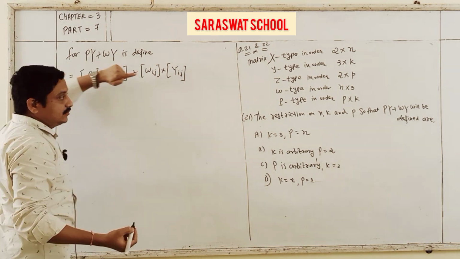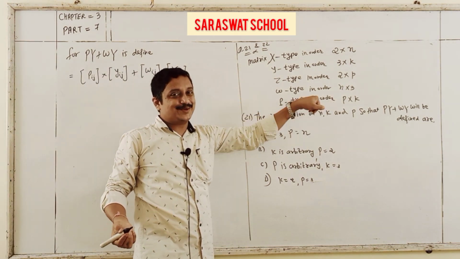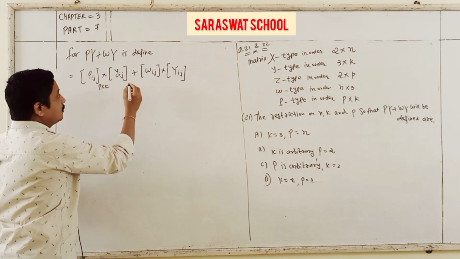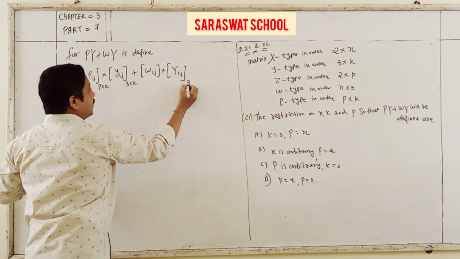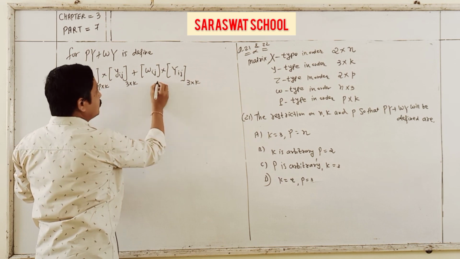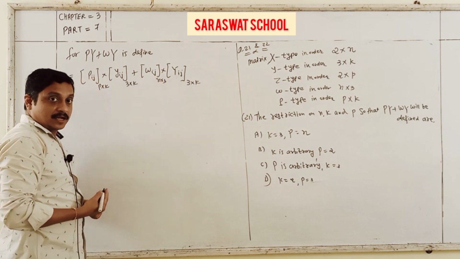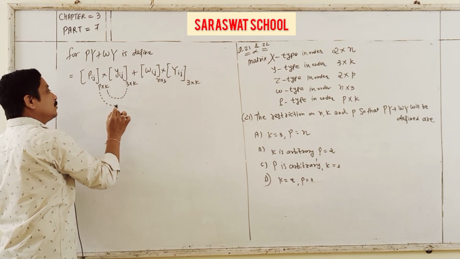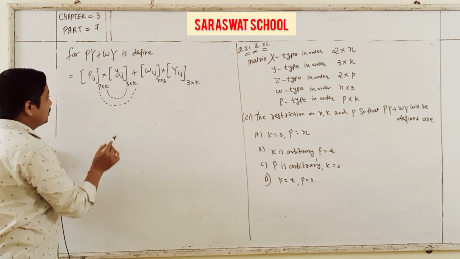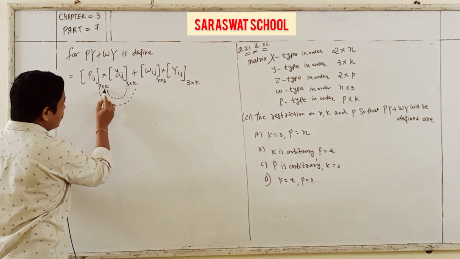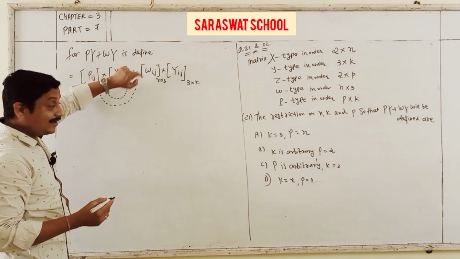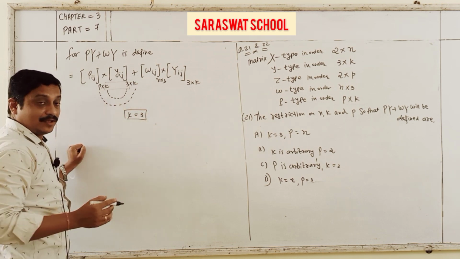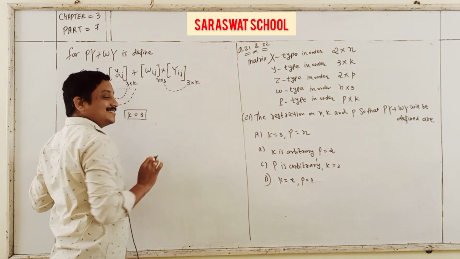What is the P given? Type P cross K. Mention that. Y is 3 cross K, again 3 cross K, and W is N cross 3. Now students, these are the conditions: whenever you multiply, the inner dimensions are necessarily the same, then they are defined. It means K equal to 3 confirmed. Here also same, it is a necessary condition, they are equal.